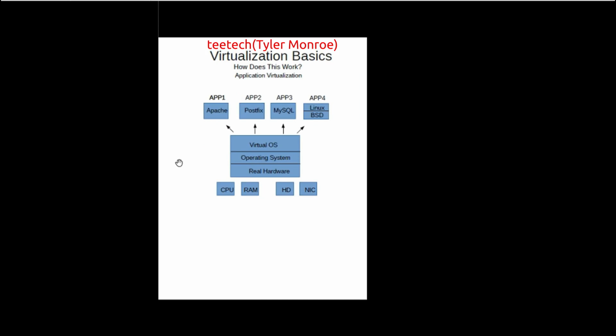Now, the last type of virtualization that's important is application virtualization, and this is also referred to as containers. Now, this is in programs like Docker on Linux and things.